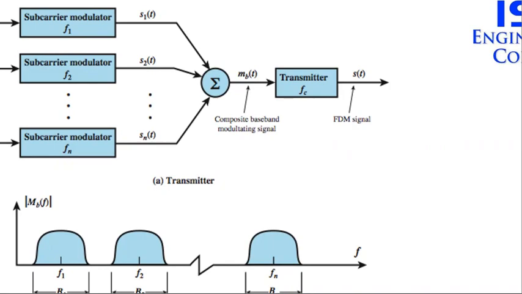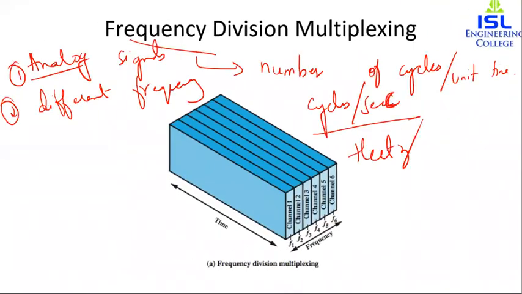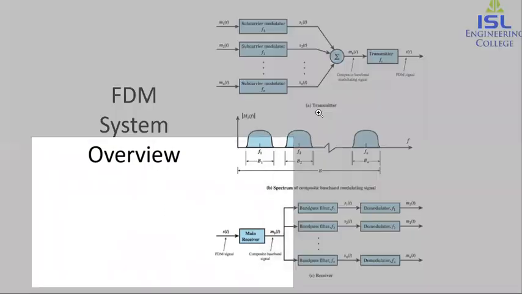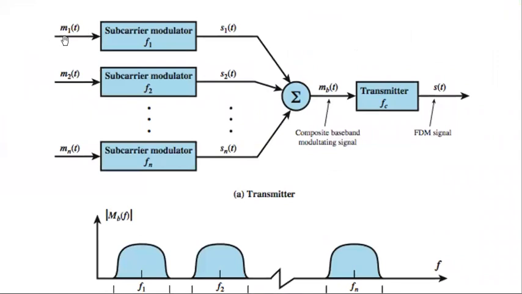These bandwidth ranges are the channels through which the various signals travel. If you notice over here, we have different transmissions, and we have modulators.